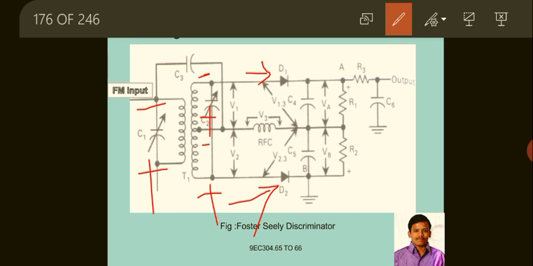The meaning is for one cycle one diode will be required, so that it allows that particular cycle only, that is positive cycle or negative cycle. Therefore the conclusion is during the positive cycle diode D1 will allow the current into V3, that is the RF choke. Similarly during the negative cycle diode D2 will provide the path to get the output voltage.